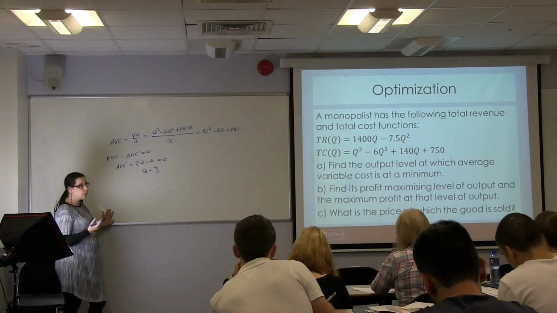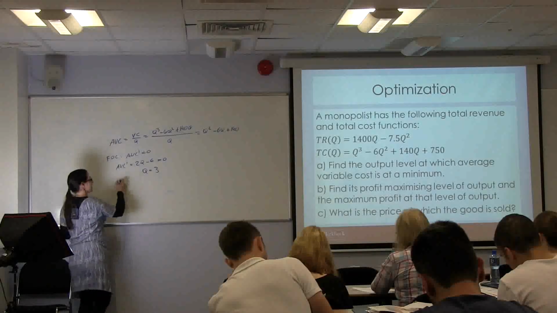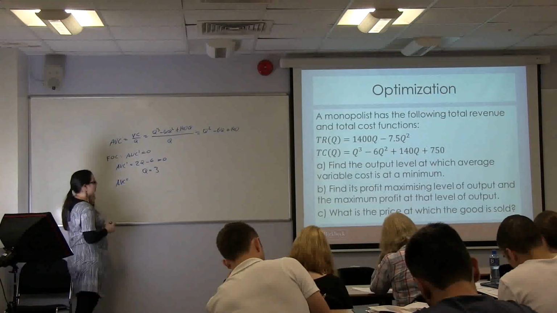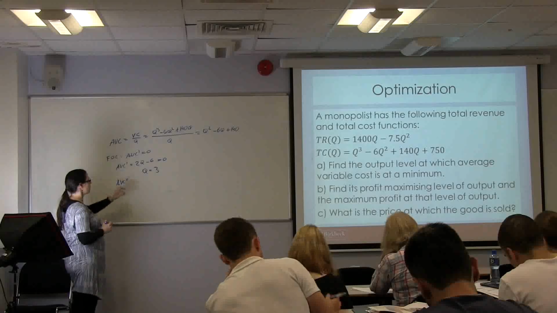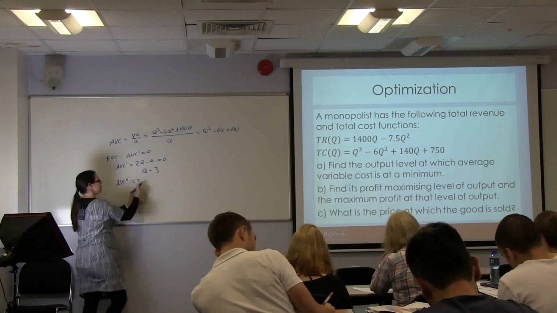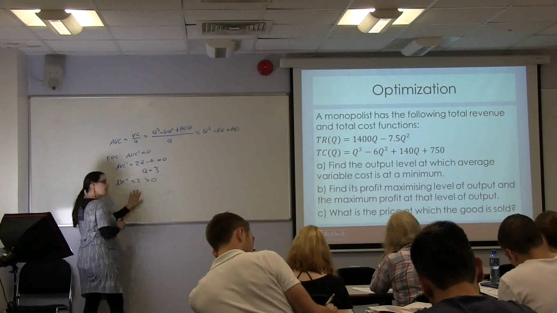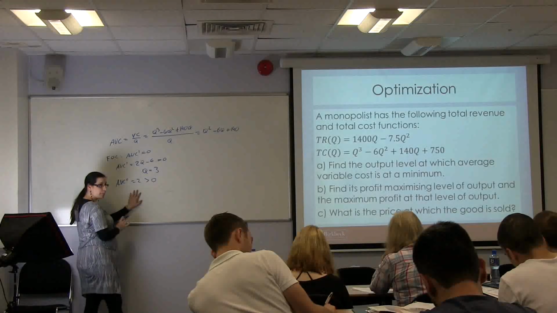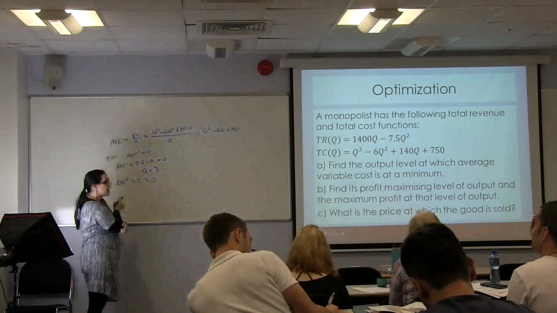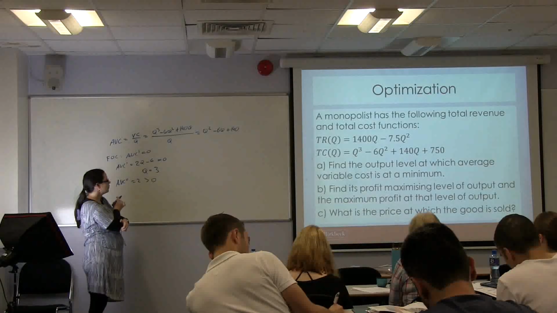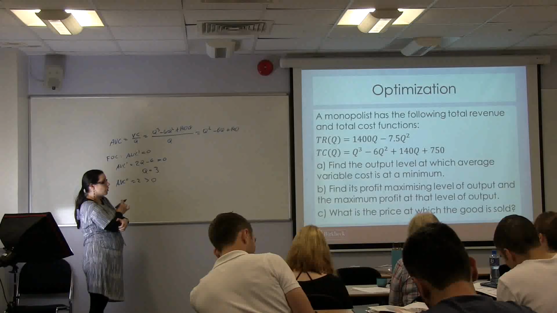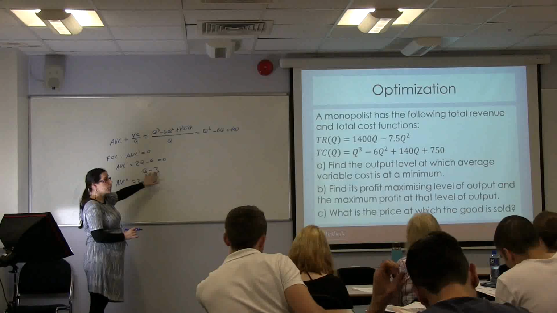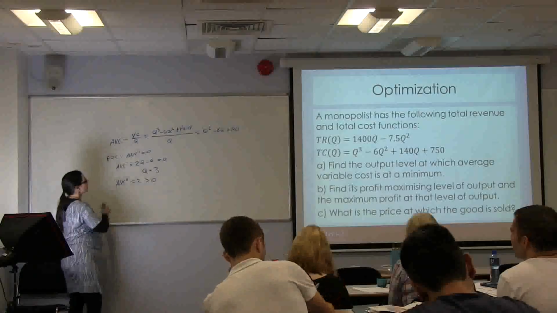I'm hoping so, but I can't know for sure unless I do go for the second order condition. And what's the second order derivative? 2, which is positive. So I'm happy because I did find a minimum. So the output level at which the average variable cost is minimum is 3. That was nice and easy. So that was A.